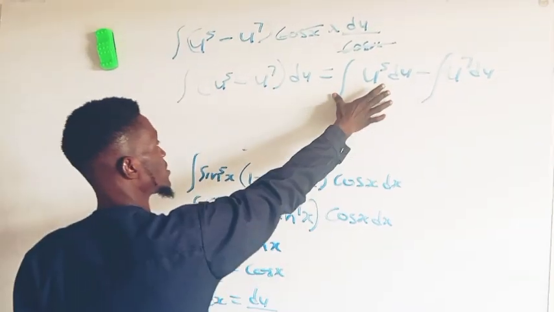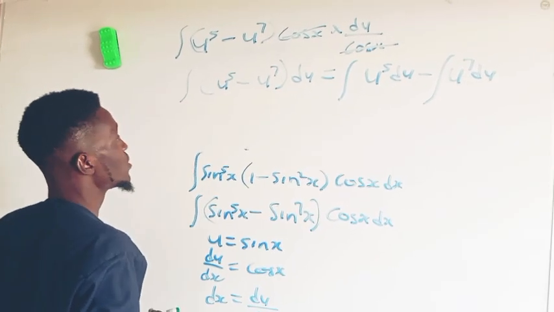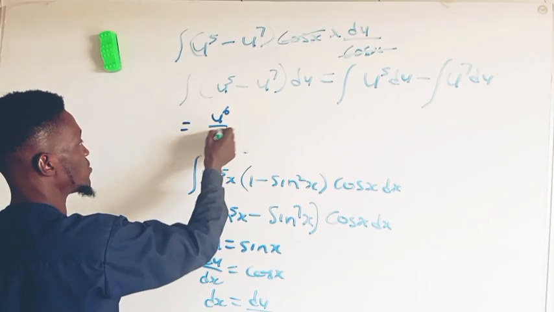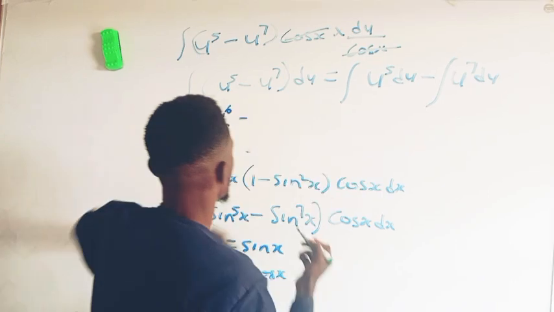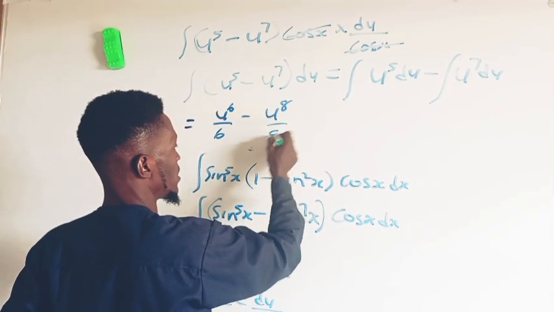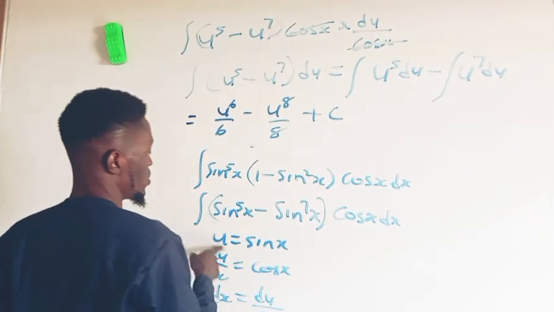Okay, so if we integrate u raised to the power 5 du, we're going to have u to the 6 over 6, minus, if I integrate this, we're going to have u to the 8 over what? 8, plus c. Okay, definitely our u is what?